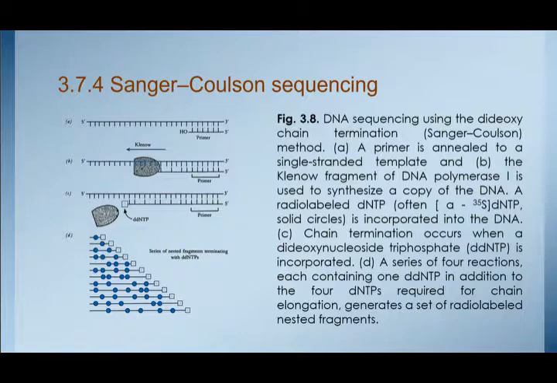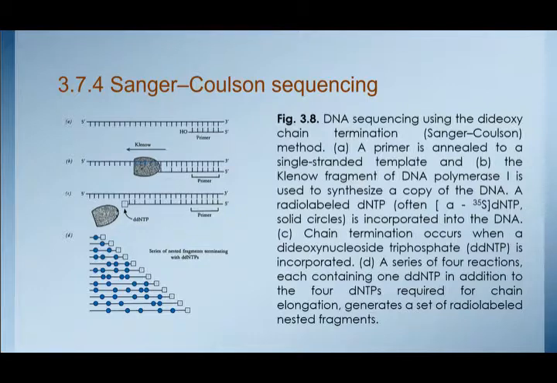Part C, chain termination occurs when a dideoxynucleoside 5'-triphosphate, or ddNTP, is incorporated. Part D, a series of four reactions, each containing one ddNTP in addition to the four dNTPs required for chain elongation, generates a set of radio-labeled nested fragments.